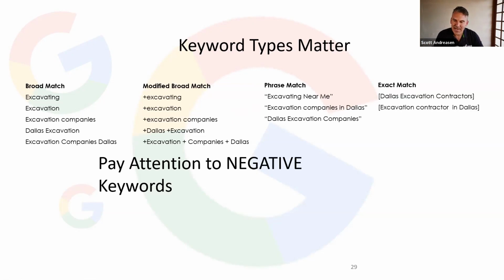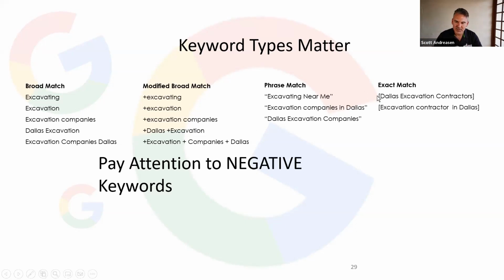And then exact match is most precise, that your potential customer has to type in your keyword verbatim, Dallas excavation contractors, or your ad will not appear. So exact match is the least risky way to run an ad campaign, but you're also going to lose a lot of potential customers and leads because it's so strict.